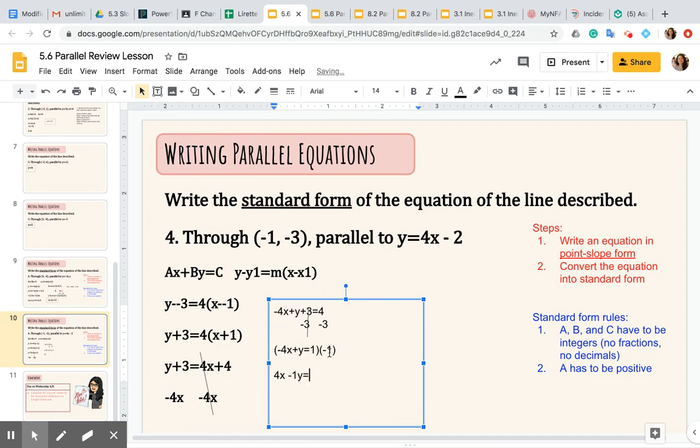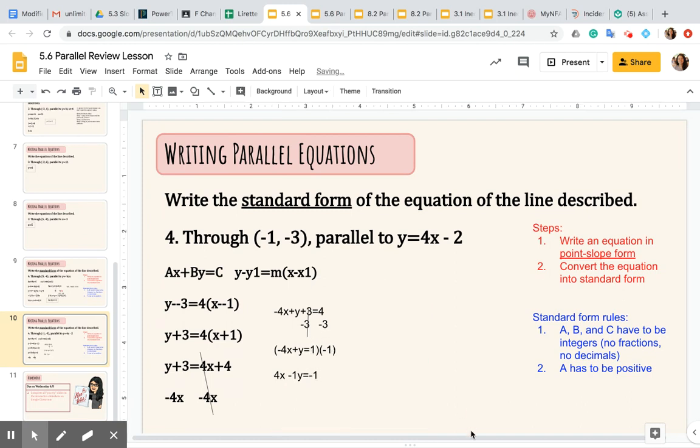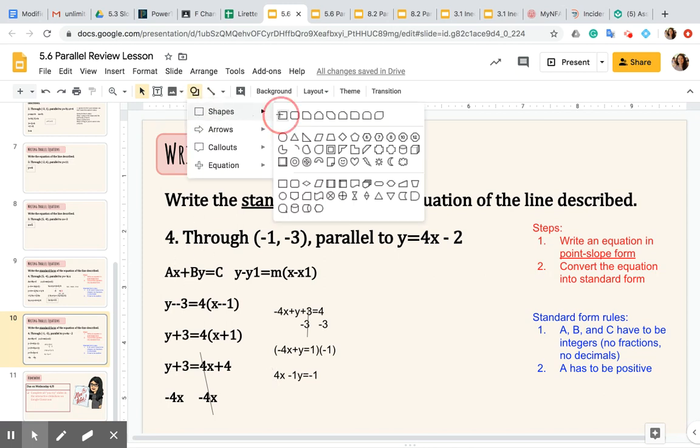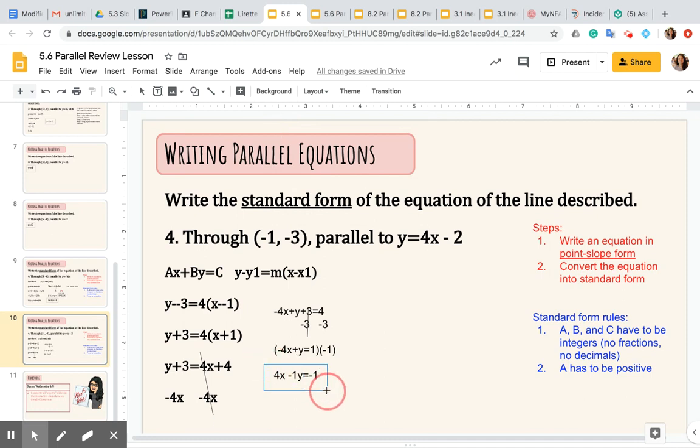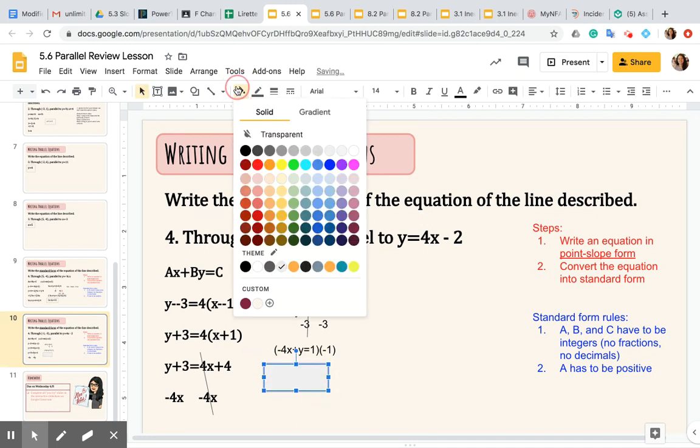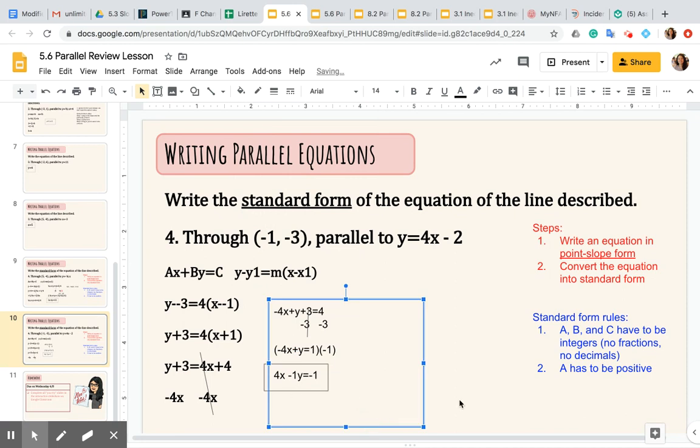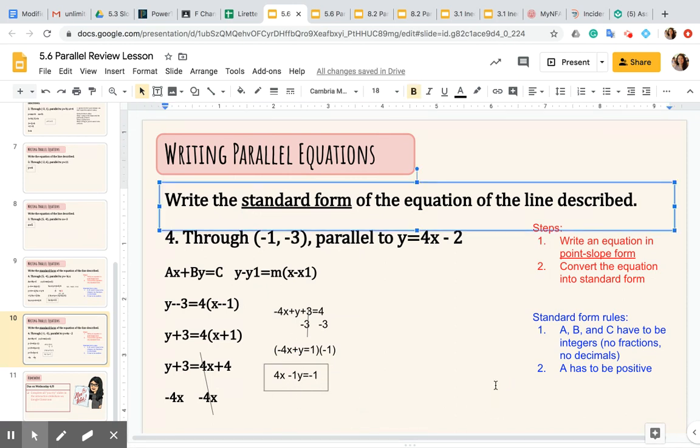I forgot my equal sign. -1 times 1 is going to be -1. Now is it in standard form? They're all integers. A is positive, and it's in the correct format. So this is my final answer. Okay, so there's my final answer.